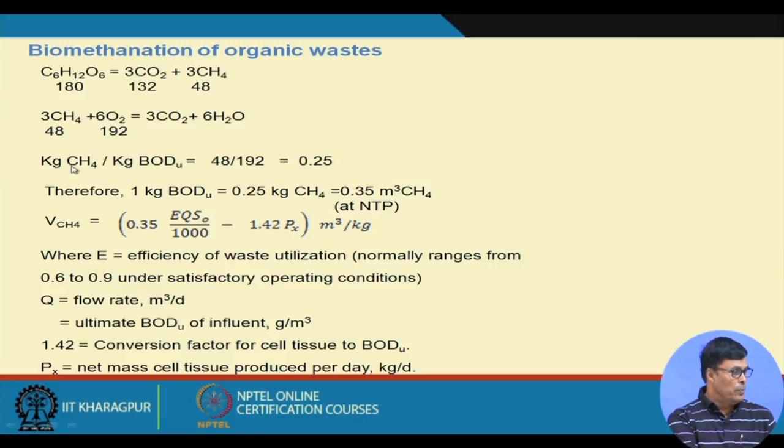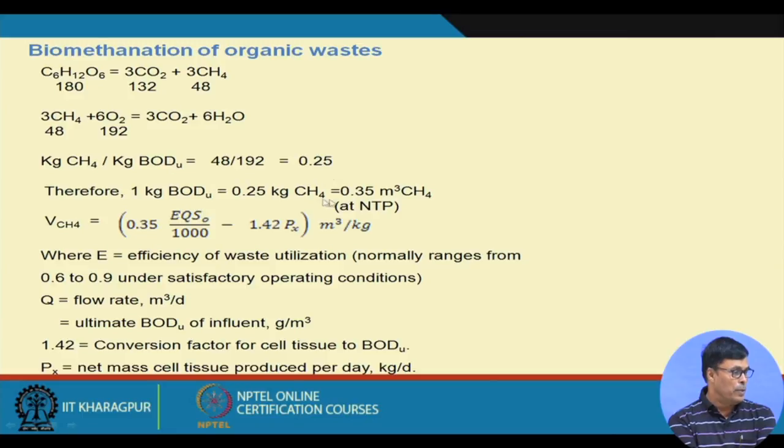So if you convert it, how many kg of methane per kg of BOD, this is the equivalent amount of BOD. This is 48. This is 3 into 12 plus 4, that is 16. 16 into 3 is 48. 48 divided by 192 is 0.25. That means per kg of BOD removal, the theoretical production is 0.25 kg.